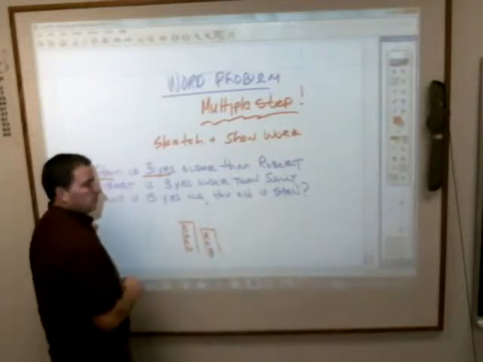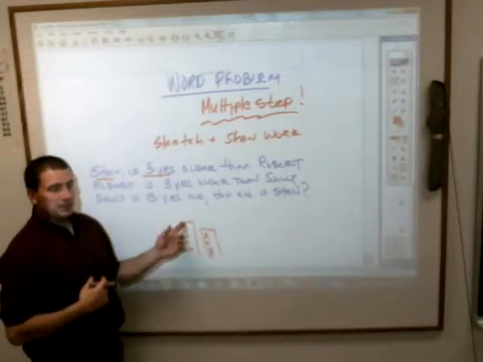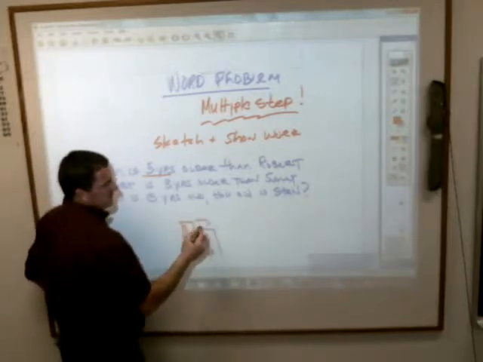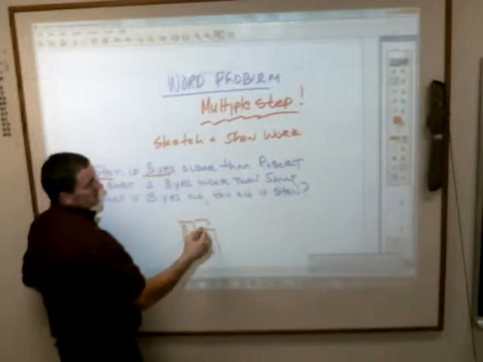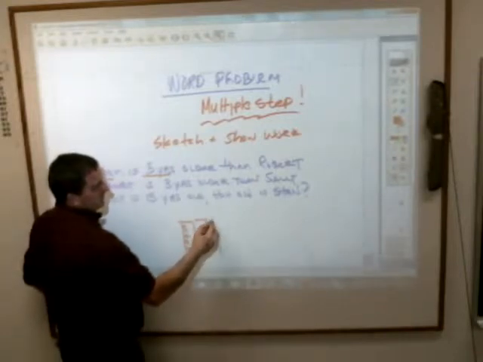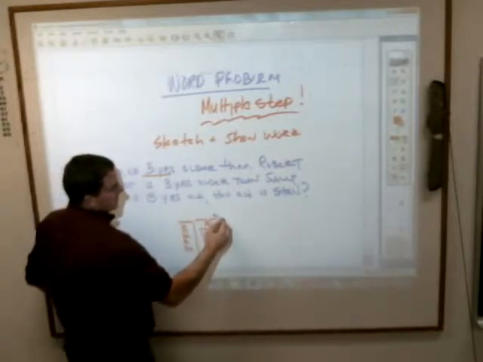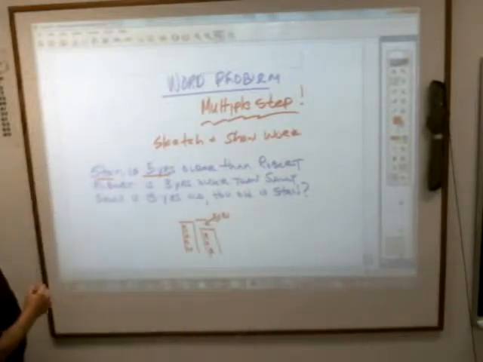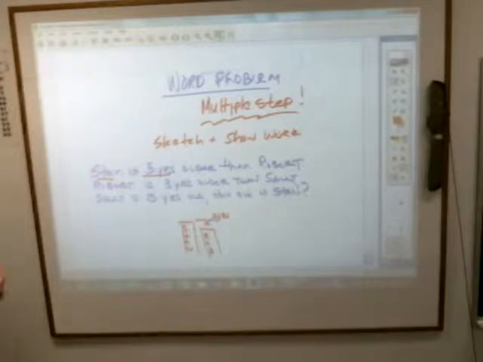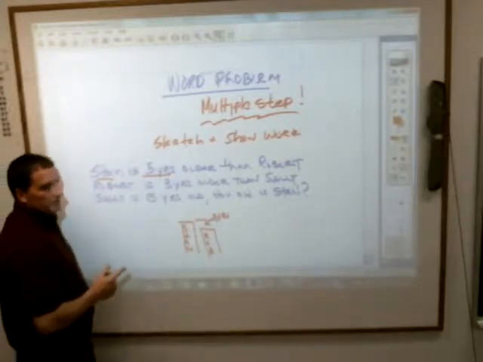Okay, and what you could do is, you know what their difference is. The gap between them is how long? 5 years. Stan is 5 years older, so you could actually put a little space there and say that space is 5 years because that's the difference in their ages. And then Robert is 3 years older than Sally.